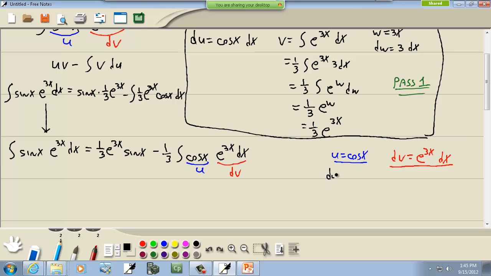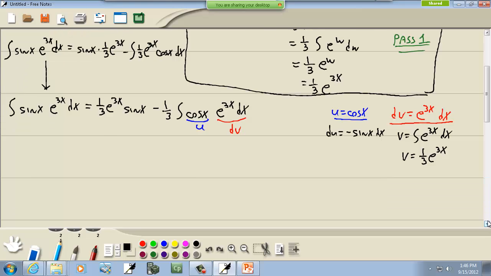So du, the derivative of cosine, is going to be negative sine x dx. And to find v, we're going to take the integral of e to the 3x dx. Up above, I went ahead and did all the substitution to show it. So the integral of e to the 3x is just 1/3 e to the 3x. These work out nice when you're using e's for your dv, because they'll always come out the same, so you don't have to do as much work. And this is pass 2.